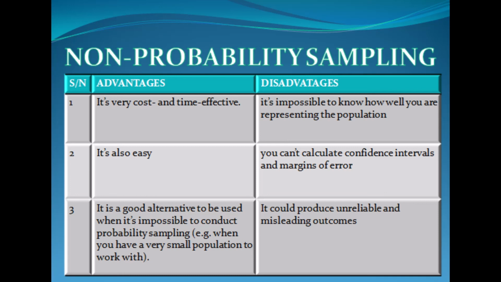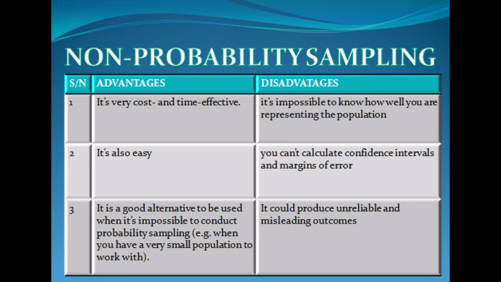There could be introduction of bias, unfair and unjust shutting out of some elements of the population, added to the fact that we cannot calculate confidence intervals or margin of errors. So, it is always good or best practice to consider probability sampling methods.